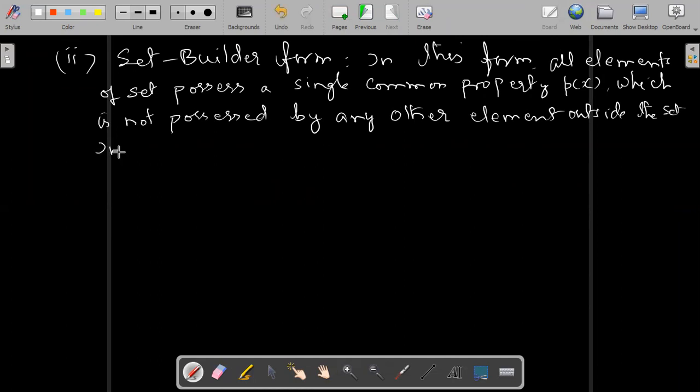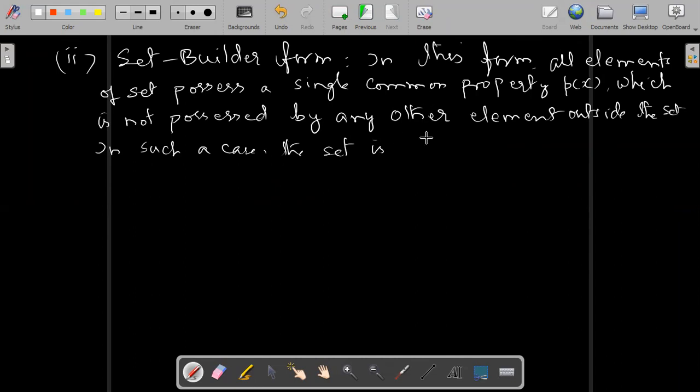In such a case, the set is described. How we describe it, as I told you, is x such that x is a vowel. In such a case, it is denoted by Px. Here we are denoting by Px, but whatever property there is, we will write that property.